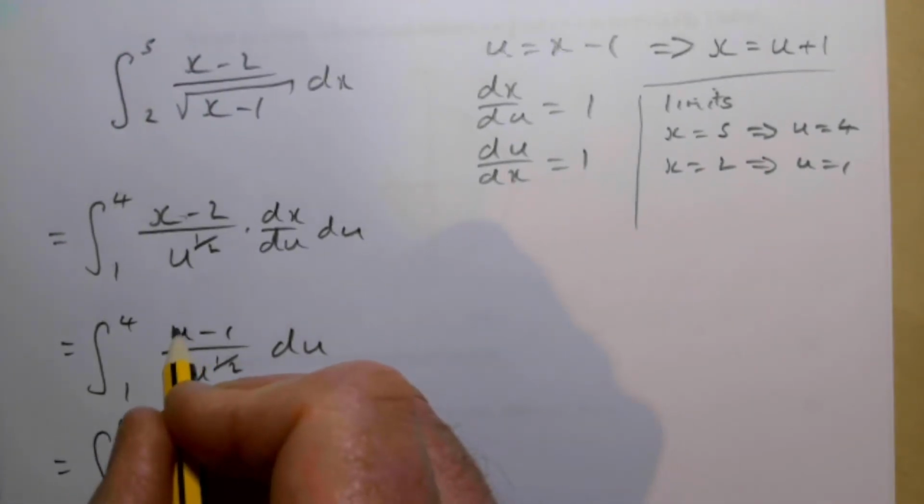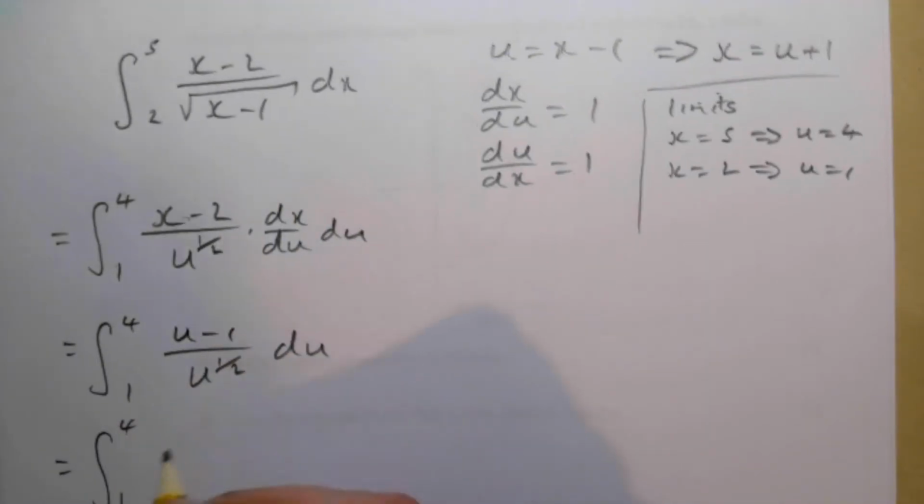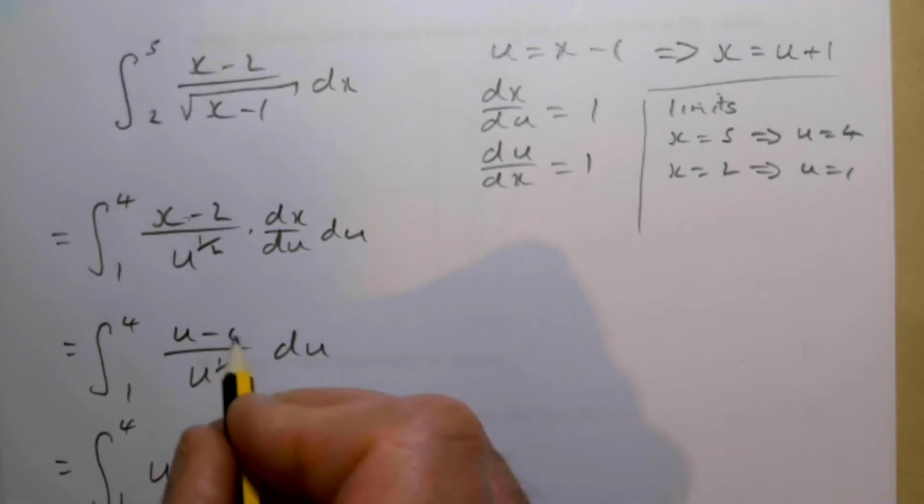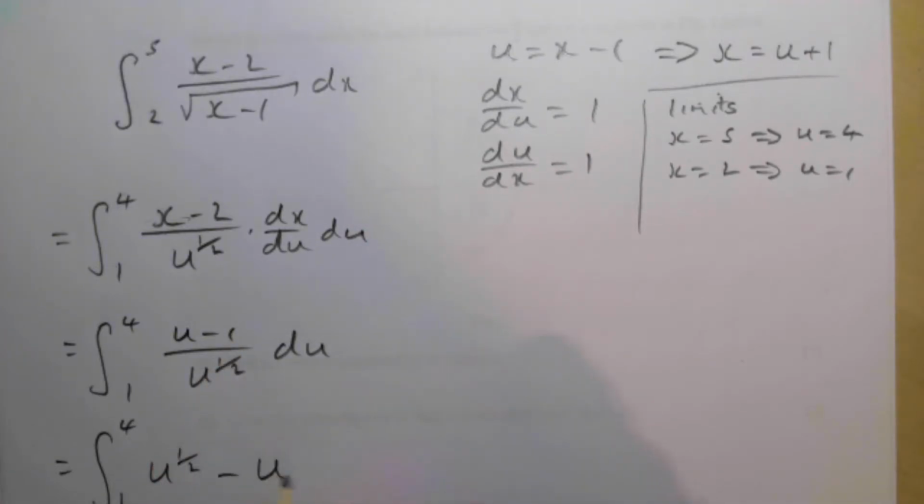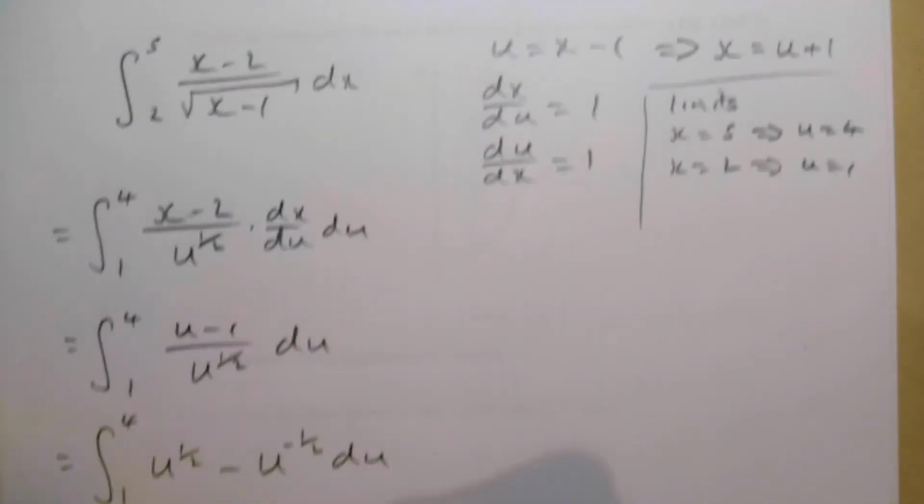Integration then, u over u to the half just gives me u to the power of a half. 1 over u to the half is u to the minus a half, du.